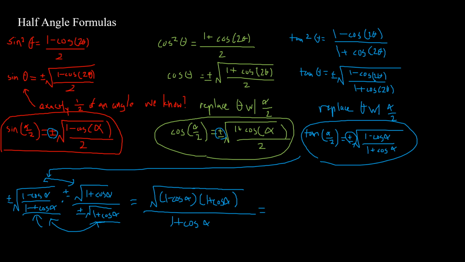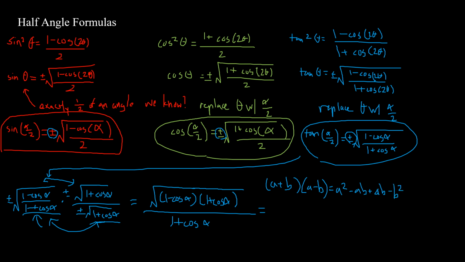And we can rewrite the numerator as well. So if you recall, a plus b multiplied by a minus b is going to be equal to a squared minus ab plus ab minus b squared.